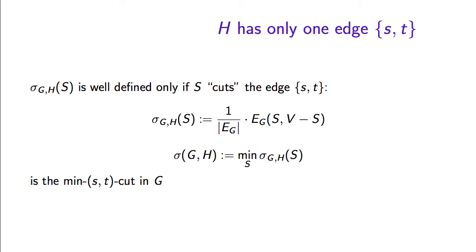So one way to think about the non-uniform sparsest cut problem is as a more general version of the ST min cut problem, where we're given many pairs of vertices that we would like to separate, and those pairs of vertices are the edges of H. And then we're looking at the ratio between the number of edges that cross the cut and the number of pairs that we have actually separated.